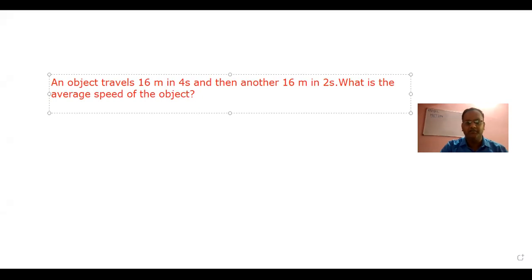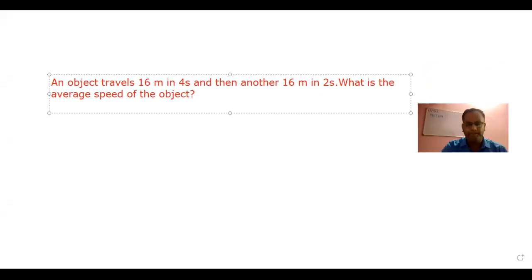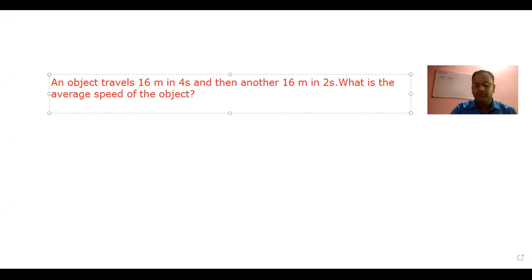Siddhant, you can unmute yourself. Sir, by calculating average speed.